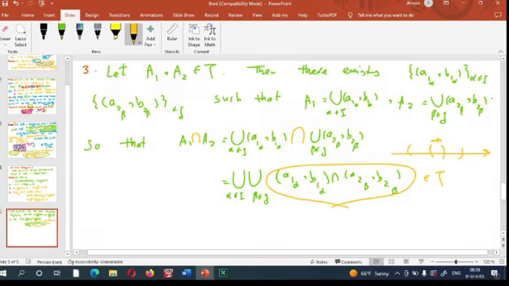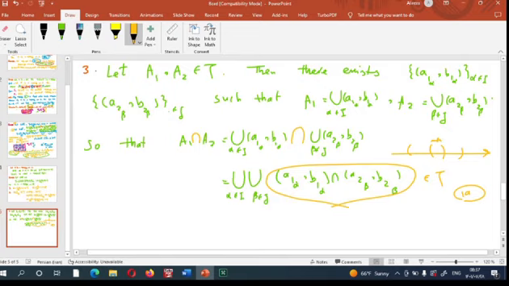And so for each element of tau, such as A1 and A2, A1 intersect A2 belongs to tau. You can write this index as this form or other forms, okay?